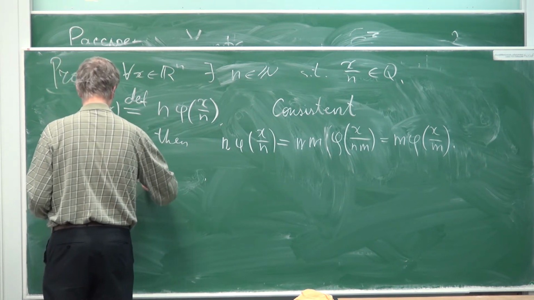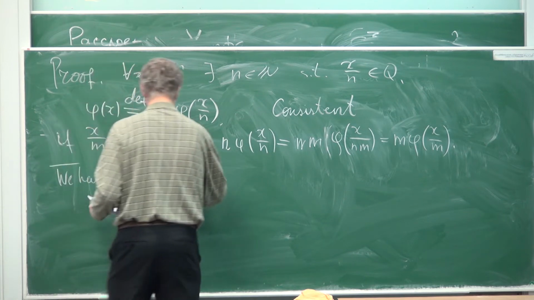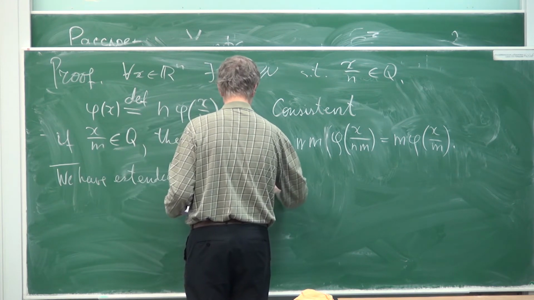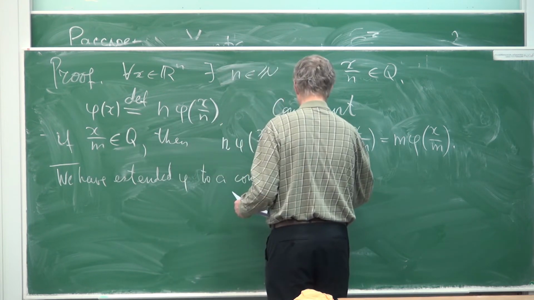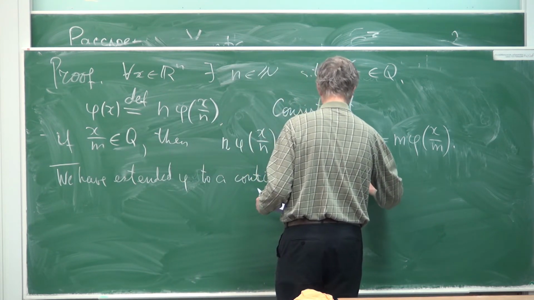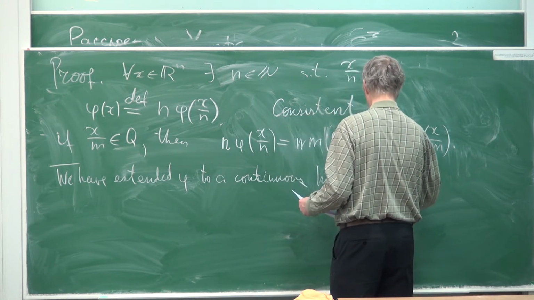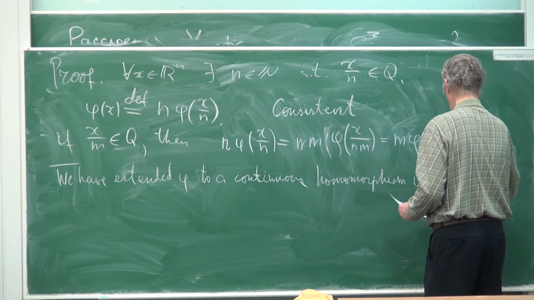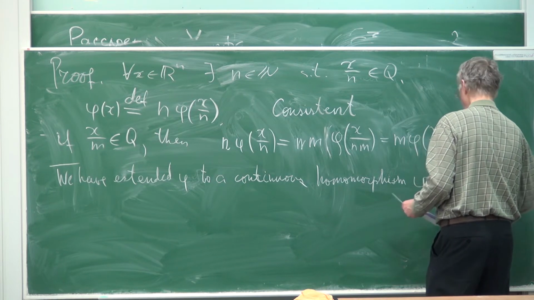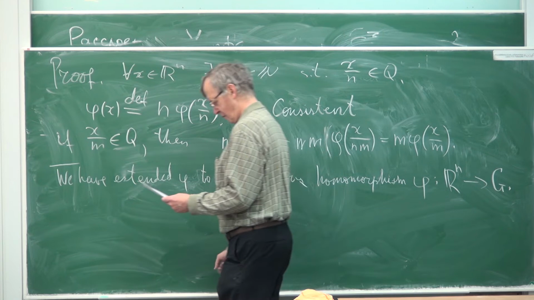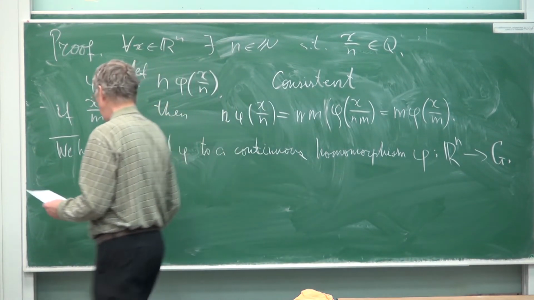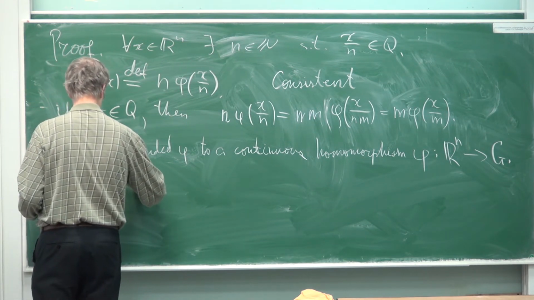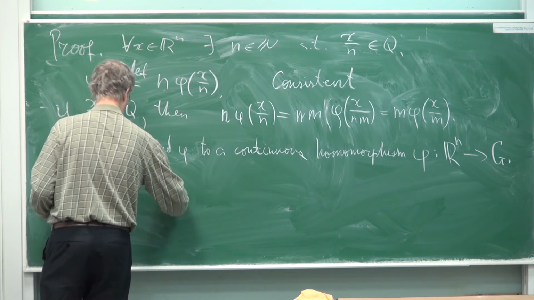and then we have extended phi to a continuous homomorphism, which I denote by the same letter, again phi, of Rn to G. Now this phi is an injection. Why?